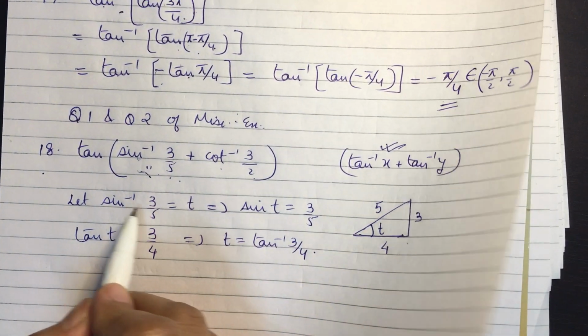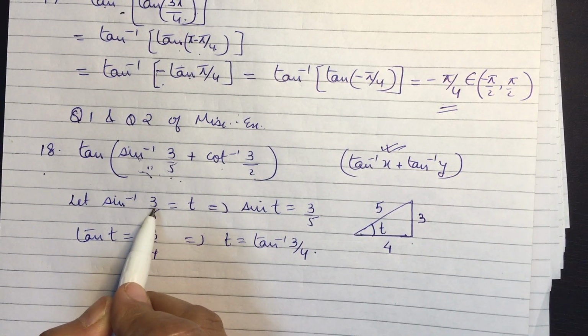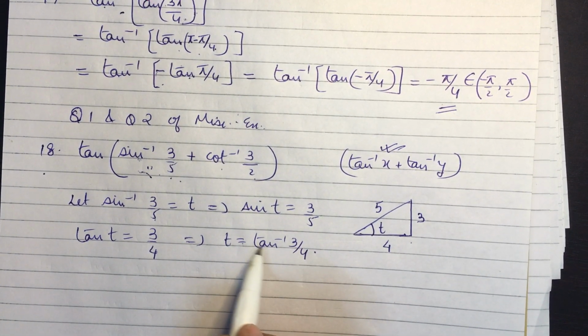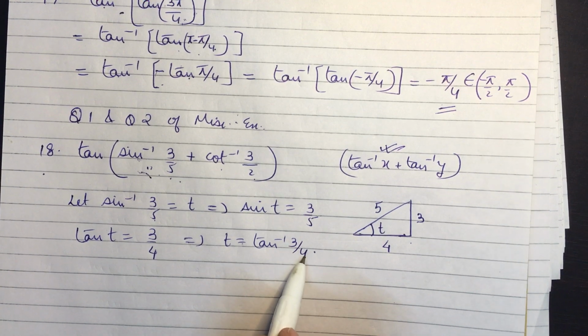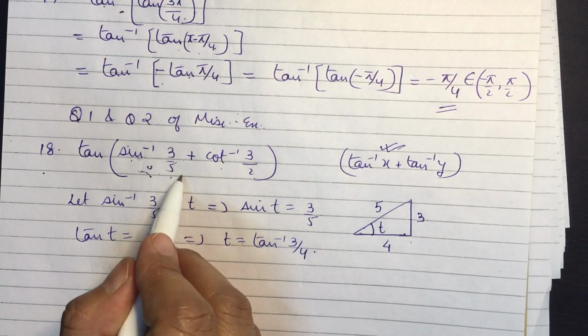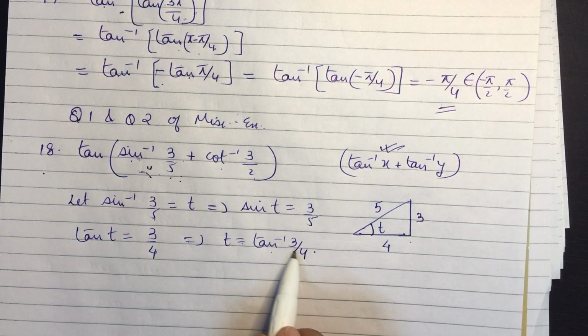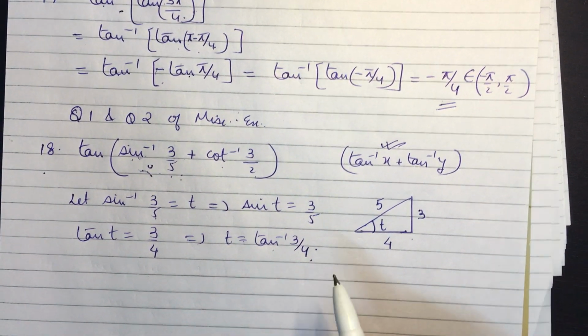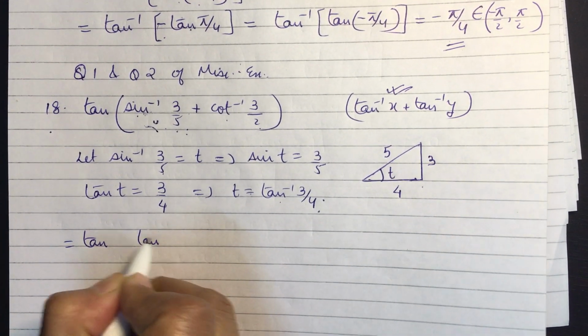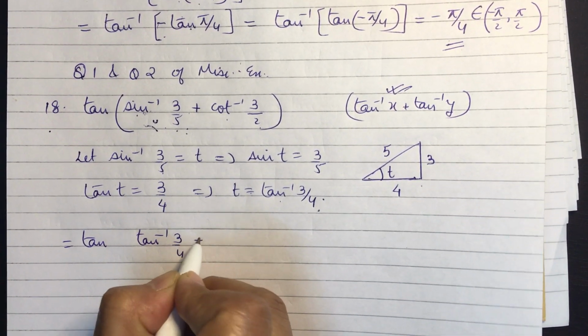So we started with t equal to sine inverse 3 by 5, and we have arrived at t equal to tan inverse 3 by 4. So we can clearly replace sine inverse 3 by 5 by tan inverse 3 by 4. So this becomes tan of tan inverse 3 by 4.